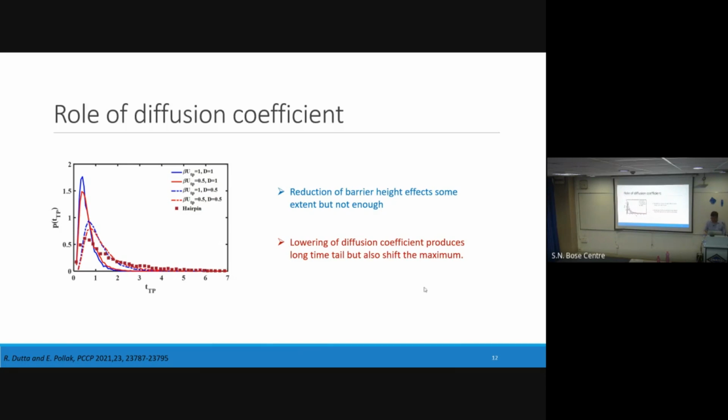Next, we'll try to explain by reducing the diffusion coefficient, because if the diffusion coefficient is small, then the dynamics can be slow. First we'll try reducing the barrier height. From the blue to the red, by reducing the barrier height while keeping the diffusion coefficient the same, one can see there is a little bit of improvement of the long time tail of the transition path.